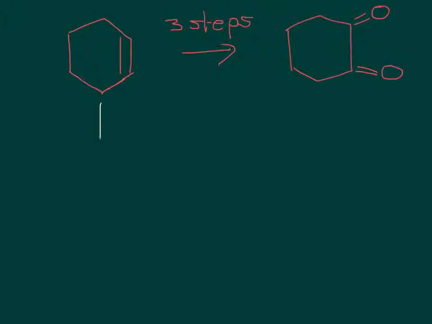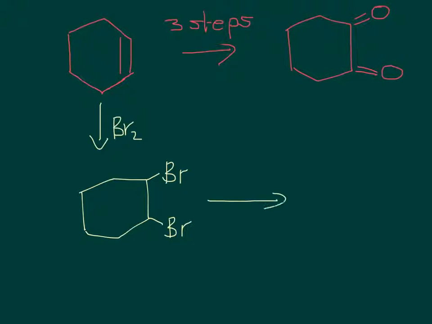So the way to do that is if you add Br2. If you add your bromine, you will of course make your 1,2-dibromocyclohexane.